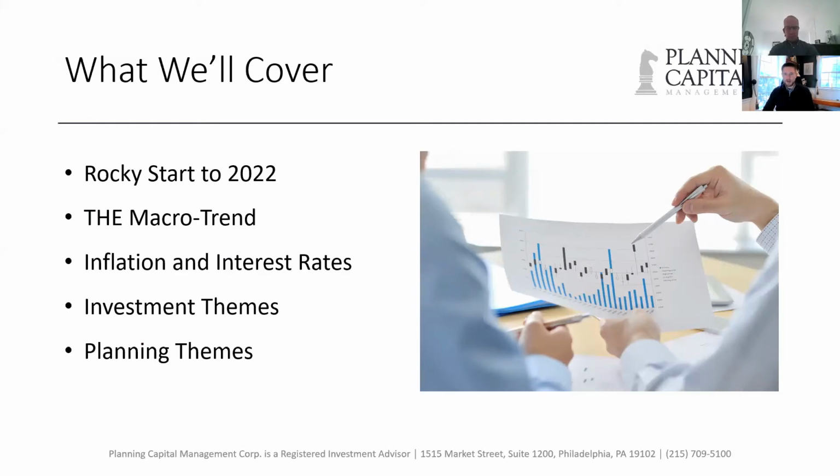We're going to talk a little bit about the macro trend, as I like to call it, kind of an underlying economic trend that sort of dictates generations of how the economy and markets move.